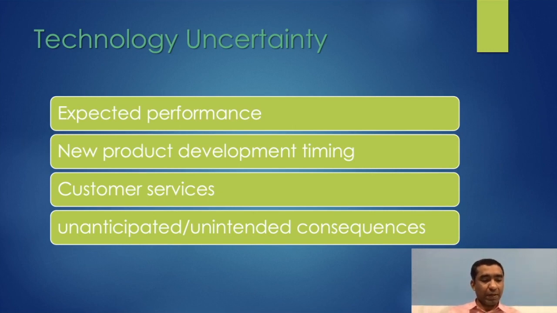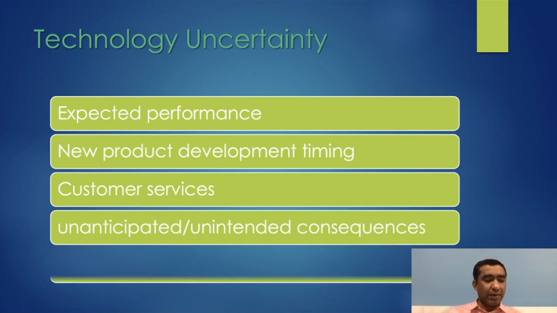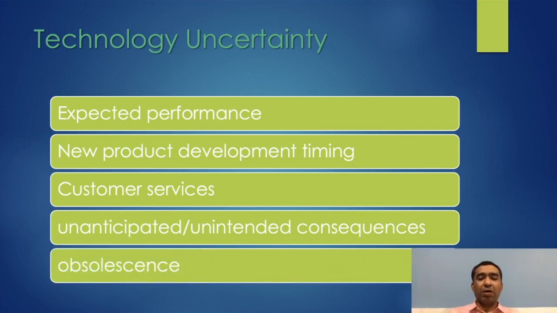Another important aspect is that your product can become obsolete or outdated, even sometimes before introducing it, because others have introduced their products immediately and then your product becomes obsolete. So this is another important factor, obsolescence.